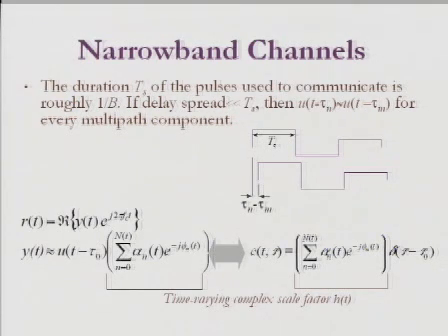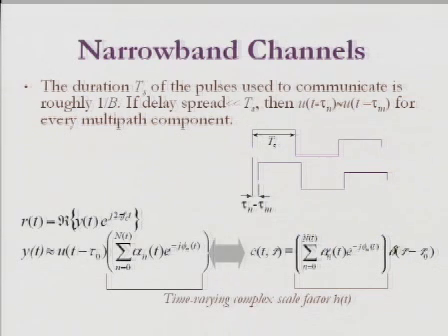Here we have two of them, the nth and the mth component. As long as the difference in delays is small, for example, that's what we're trying to depict here. We have two different replicas of the signal arriving over paths of very similar lengths. So the delays tau sub n and tau sub m are pretty similar, and the relative shift between these two copies of the signal is very small.